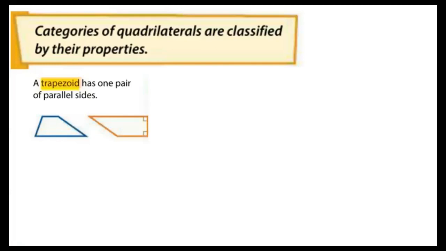This is a trapezoid. Maybe we have two right angles inside, or one right angle. This is about the trapezoid. So when we see just two, not four, parallel sides in a quadrilateral, it will be a trapezoid.